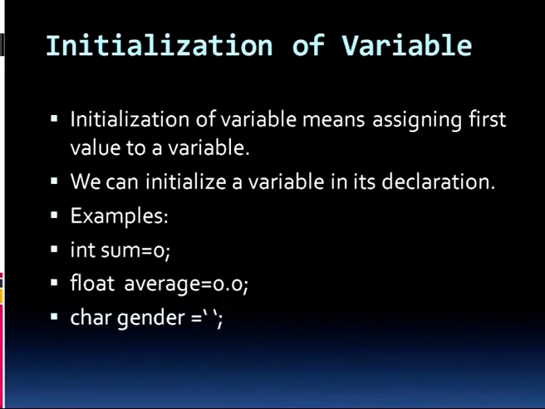This is another statement that declares a variable with the name average of type float, and initial value assigned is 0.0. Character variable, name of the variable is gender, data type of the variable is character, and we initialize the variable to the initial value space.